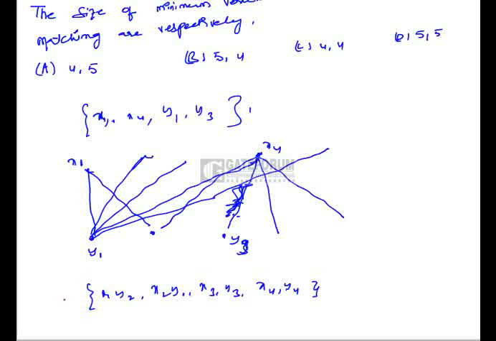So here this is the maximum matching. The number of elements in the maximum matching is 1, 2, 3 and 4. So here both the size of minimum vertex cover and maximum matching are the same, which is 4, 4. So here the correct option is option C.